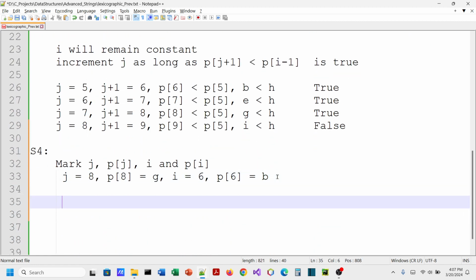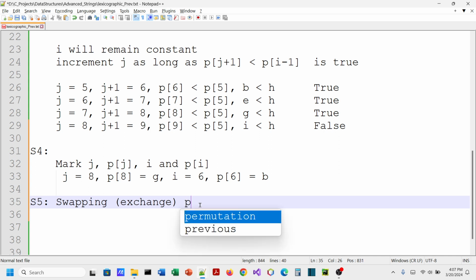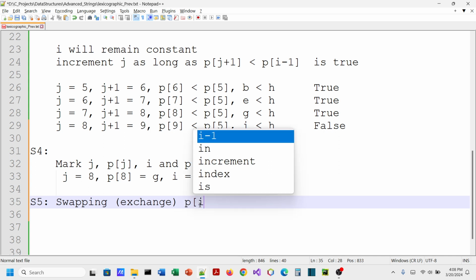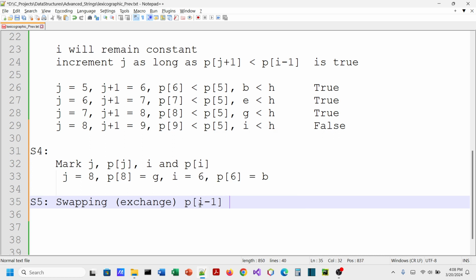Now once we have marked it, we are done with the important step. Now we need to do some other steps, say S5. Once we have marked it, we need to do a swapping, an interchange, or exchange. I am going to do exchange of p of i minus 1 and p of j.